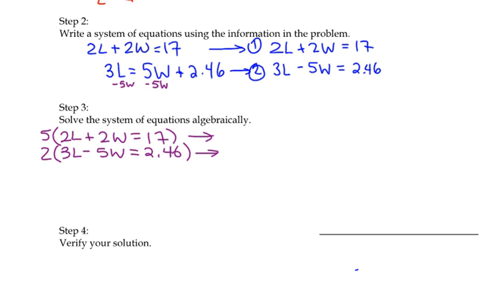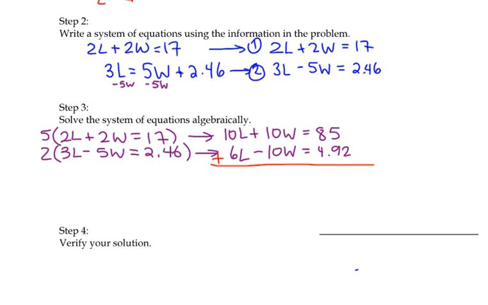So we should get 10L plus 10W equals 85, and then 6L minus 10W should equal 4.92. Because my signs are opposite with my 10s, I'm going to add. Those will cancel, giving me 16L equals 89.92.